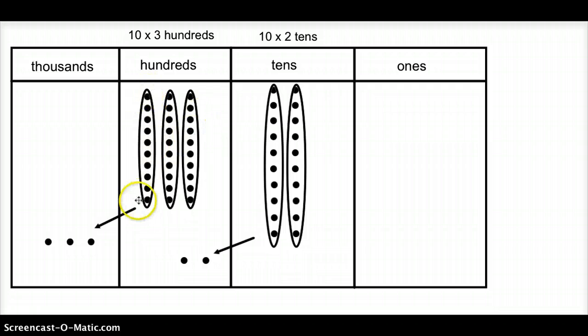Here's 1 bundle of 10, 2 bundles of 10, and 3 bundles of 10. Each bundle of 10 gets moved over to the next higher place value as 1 unit. 3 bundles of 10 hundreds will give me 3,000. 2 bundles of 10 tens will give me 200.